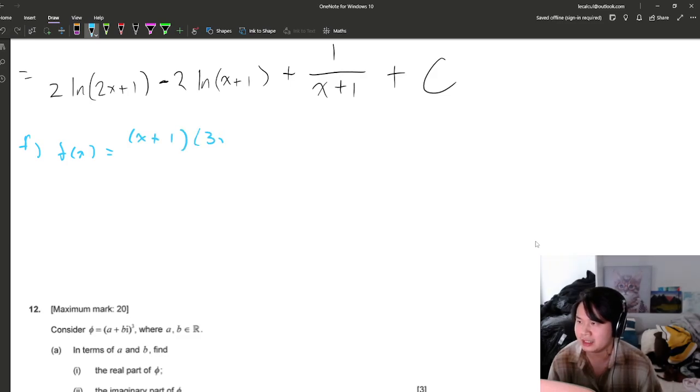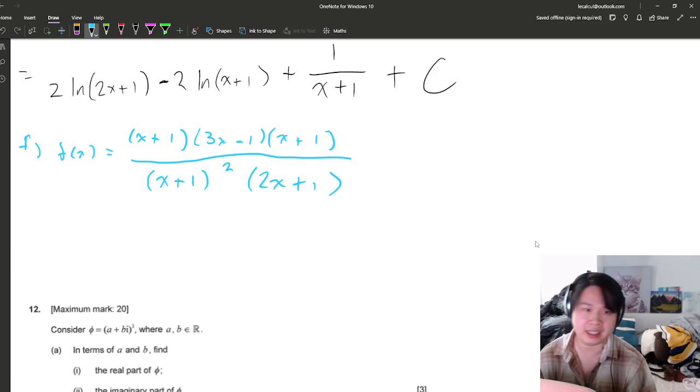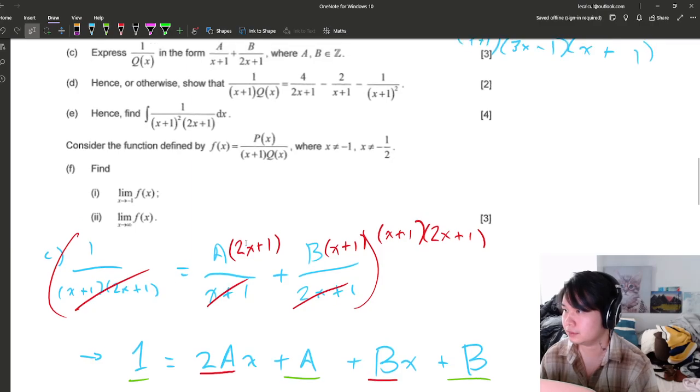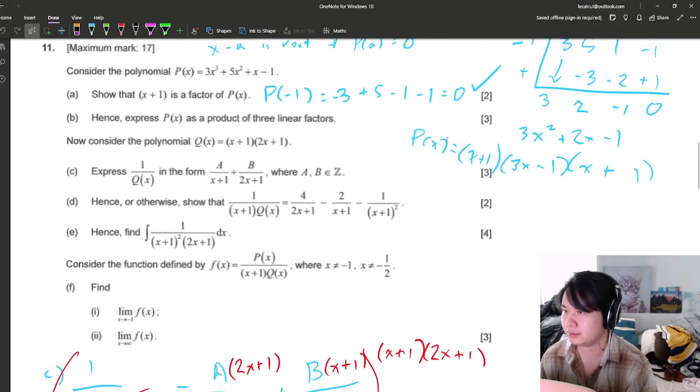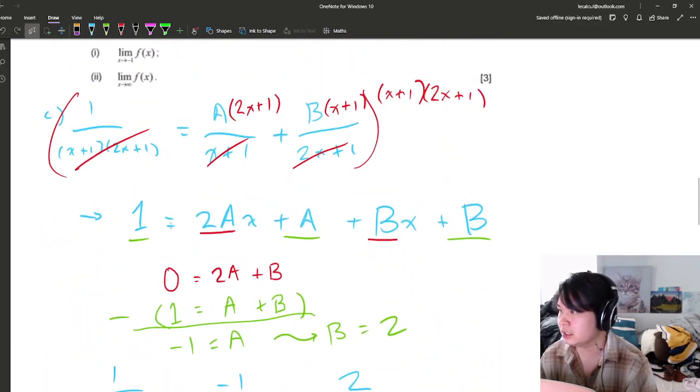I think it was a 3 minus 1 plus 1. I think that was p, fully factored. And then the denominator was x plus 1 times q. I know I can just scroll up, but let's see if that's what we have. So here's q, here's p. Yeah, okay, cool.